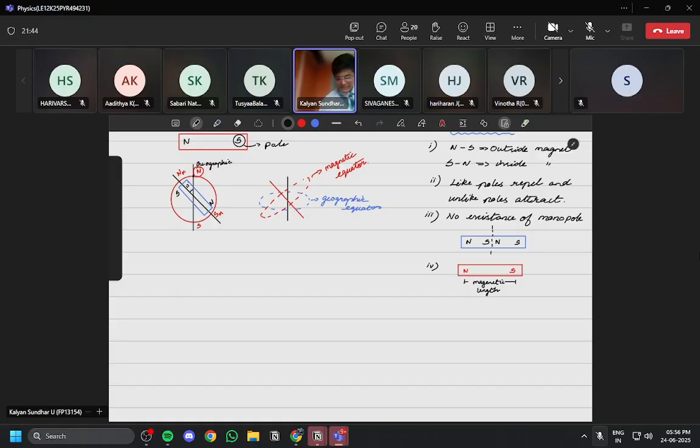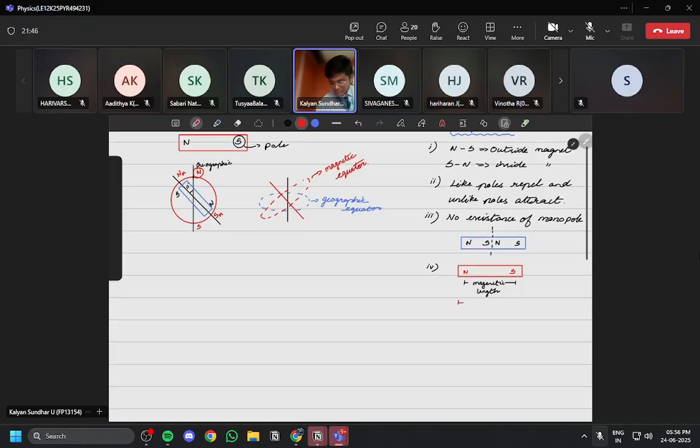And the distance between the two ends is what we call the geometric length. And more often we'll be just discussing the magnetic length only.